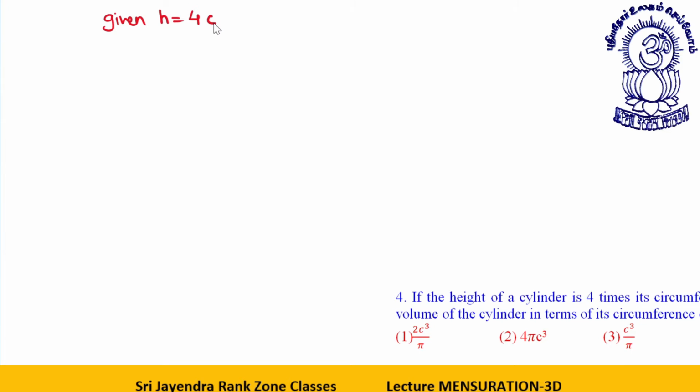What will be the volume? Volume is equal to pi r square h. I write pi. What is r?